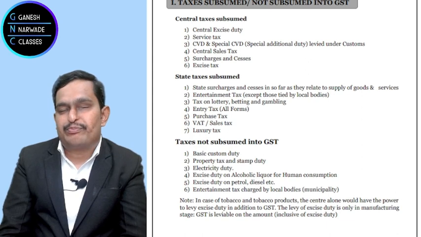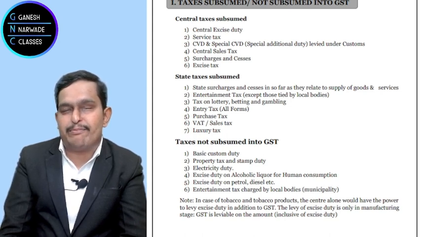As of now, petroleum products are covered under GST, but GST is still not imposed. They will impose it some time later on. But as of now, VAT and excise duty on petroleum products are still there. When I say petroleum, it includes CNG, diesel, motor spirit, and aviation turbine fuel.